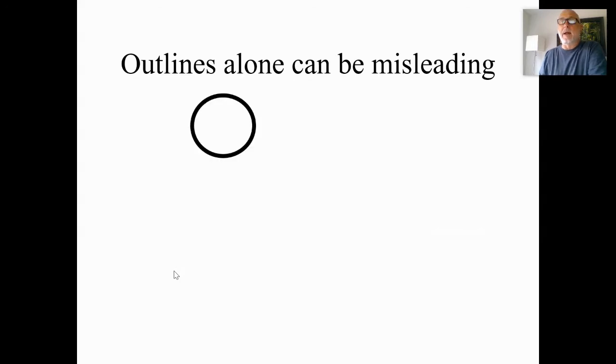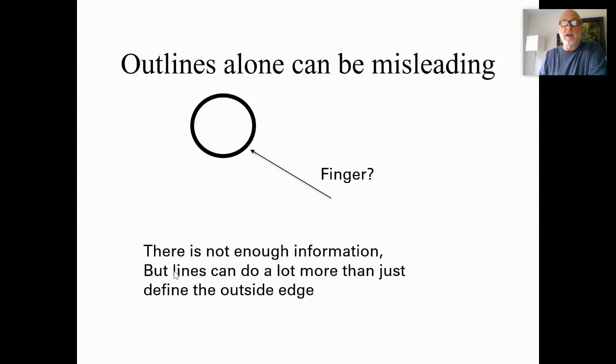Outlines alone can be rather misleading. What is this? Oh yeah, it's a circle, but what does it represent? Could it be a finger? See, the outline alone can be misleading. There's not enough information. But we can use lines to do more than just define the outside edge.